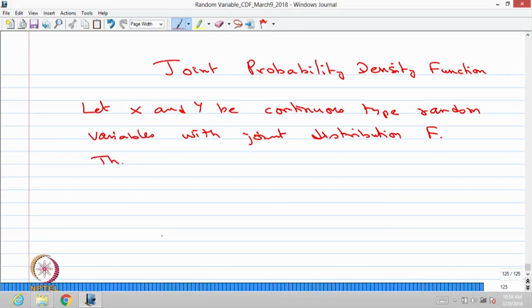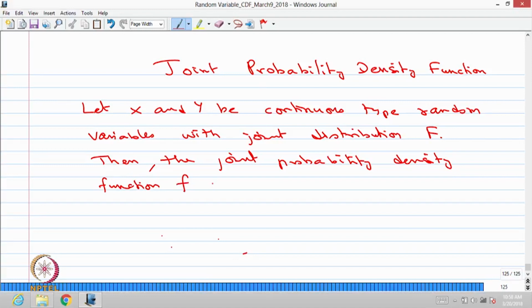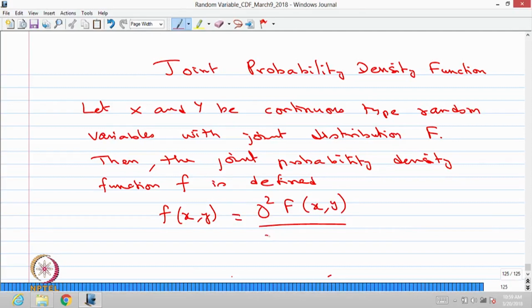Then the joint probability density function, small f, is defined as a function of x comma y by taking the partial derivative of CDF with respect to x and y.